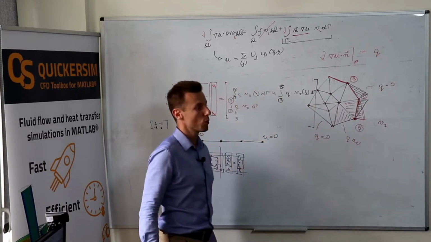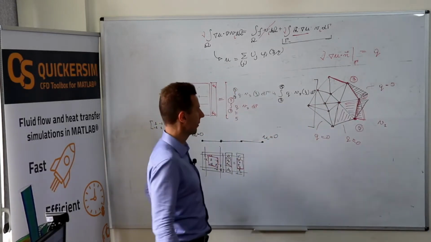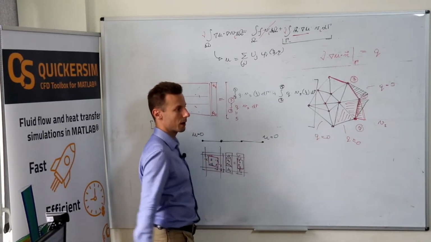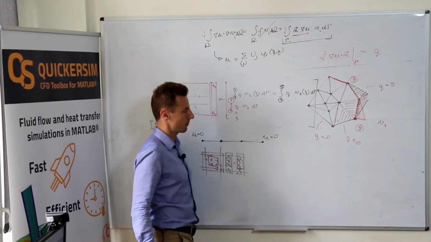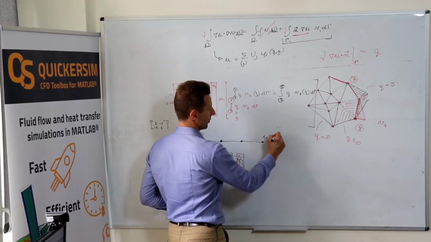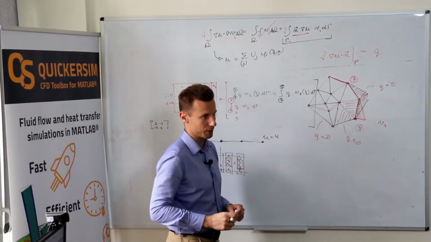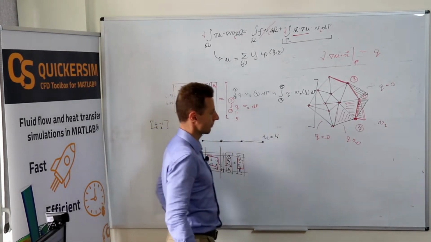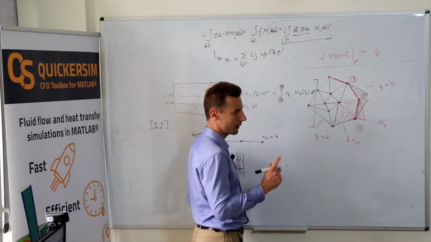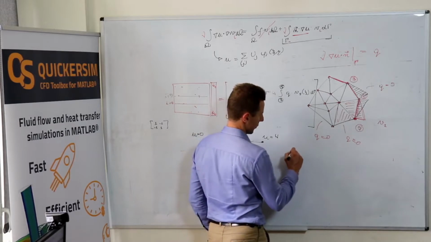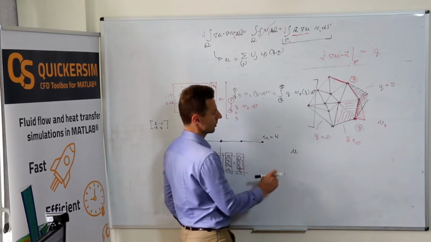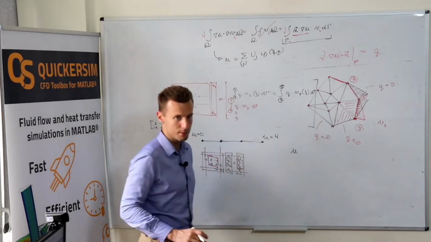What's the classical way of explaining the Dirichlet boundary conditions, not the homogeneous zero Dirichlet boundary conditions, but having some value u equals w, whatever it is? The classical way of explaining that is, okay, we are interested in finding the solution u with proper boundary conditions.